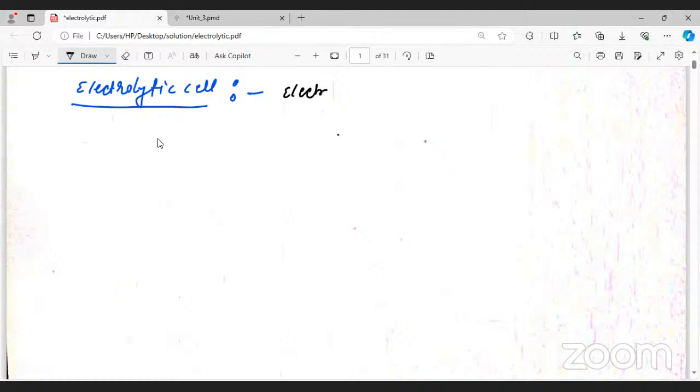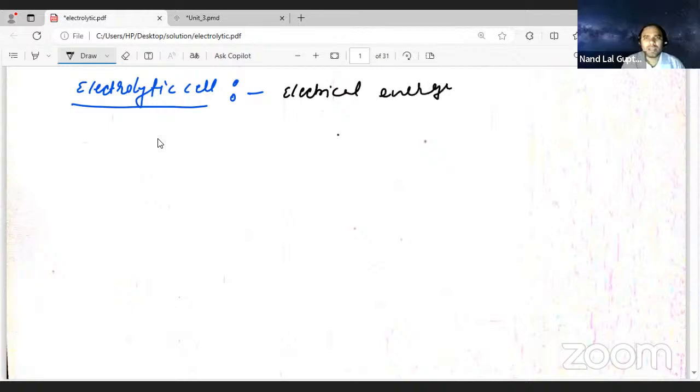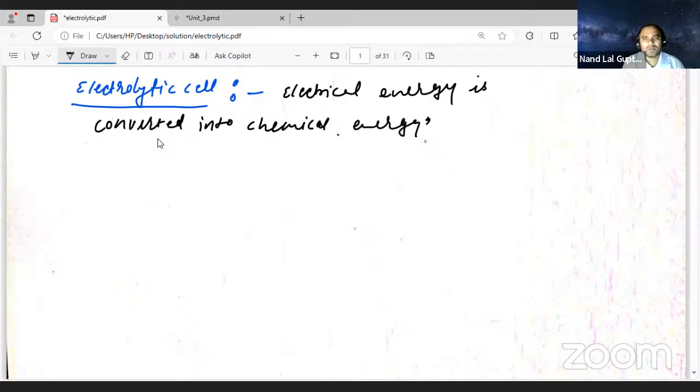Electrical energy is being converted into chemical energy. So this is the point: electrical energy is converted into chemical energy.